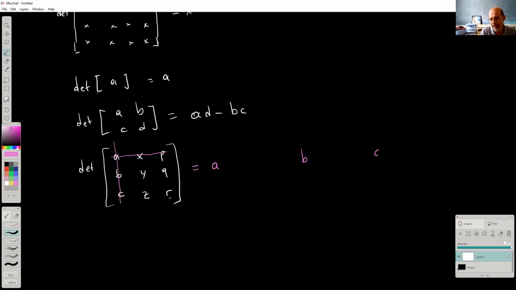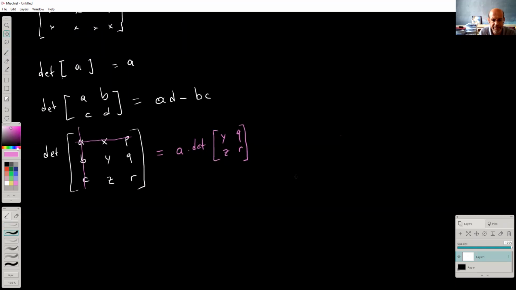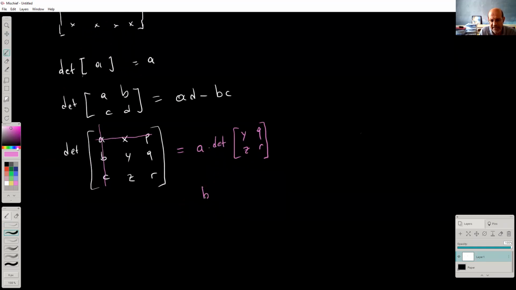You are left with a 2 by 2 table, and you just write down the determinant of that 2 by 2 table, right? So that's Y, Q, R, Z. There's a plus or minus sign in here, but I'm going to explain this in a moment. Let me write B in here, right? And then C in here.